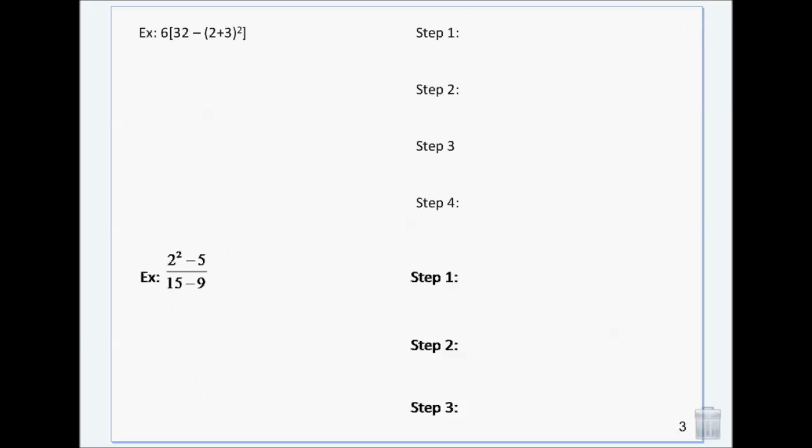When this happens, we want to start in the most inside. So step 1 is going to be the inside parentheses.